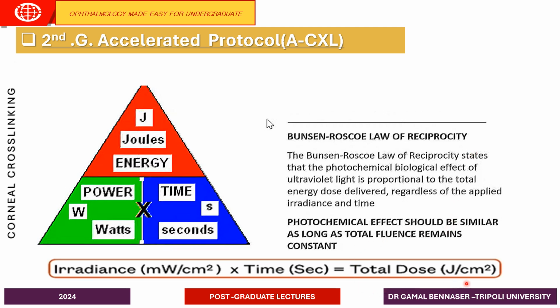So as long as the total amount of energy is the same, the biological effect will be the same, regardless of the intensity and the time. You can play with the time and the intensity as long as the total amount of energy is the same. This is the principle that makes doctors suggest different protocols for accelerated cross-linking treatment.